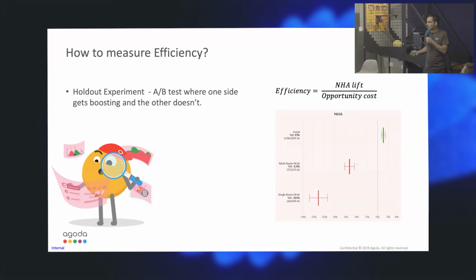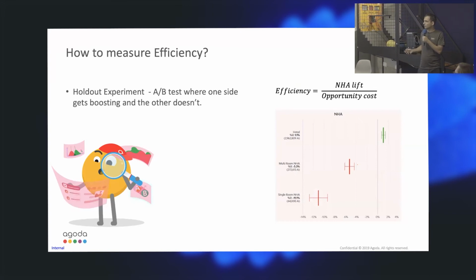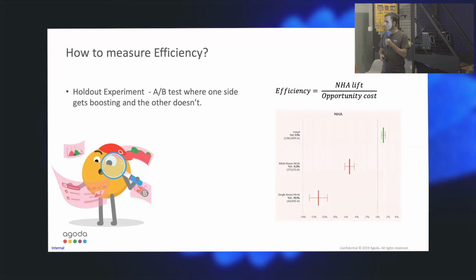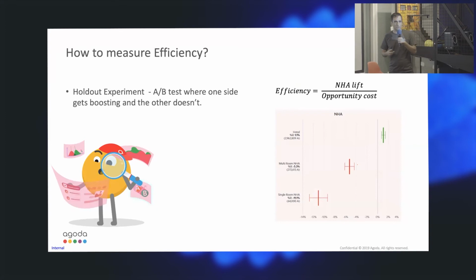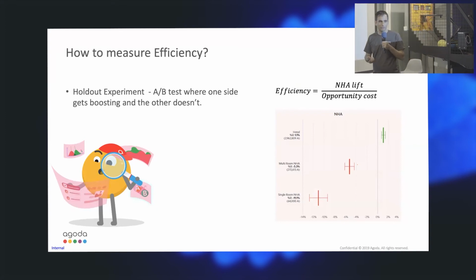Then we measure the difference: you see that the hotels get more bookings, and the NHA multi-room and single room get significantly fewer bookings because we removed the boosting. And we also know the cost, according to the A/B test, we know how much money we are losing with this holdout experiment.